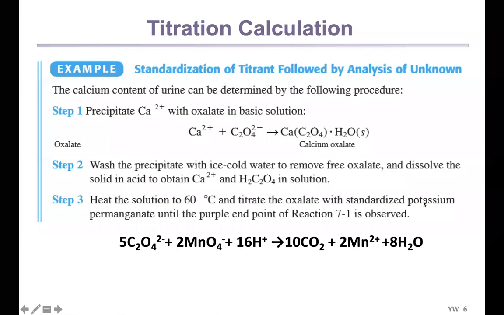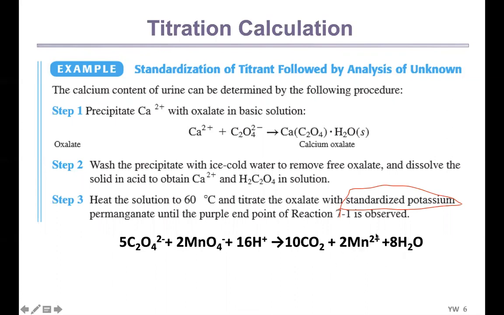Okay, pay attention here. We have a term, standardized potassium permanganate, okay, until the purple endpoint of reaction 7-1 is obtained. So this is the reaction 7-1. We know that potassium permanganate should be purple color, but when you have oxalate in the solution, all the potassium permanganate will be reacting with this and convert to manganese 2+.